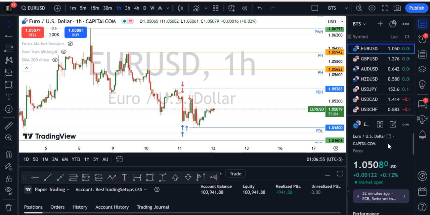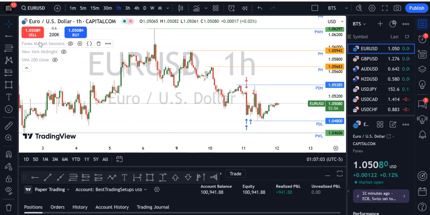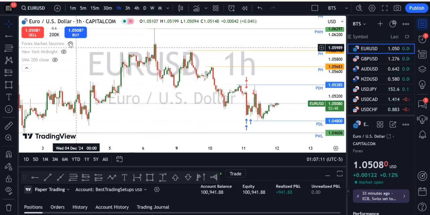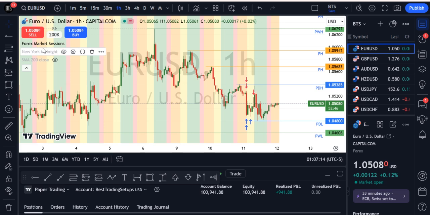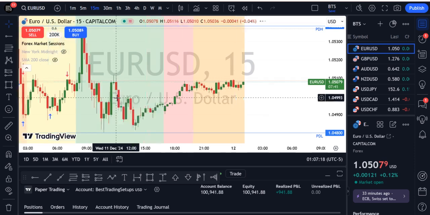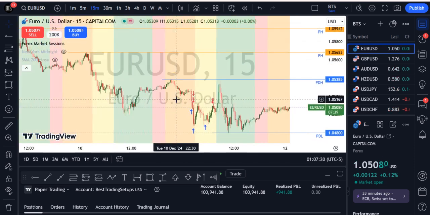So quickly on our charts, I use three indicators: Forex market session, New York midnight, and SMA 200. Forex market session highlights all the trading sessions for the day.